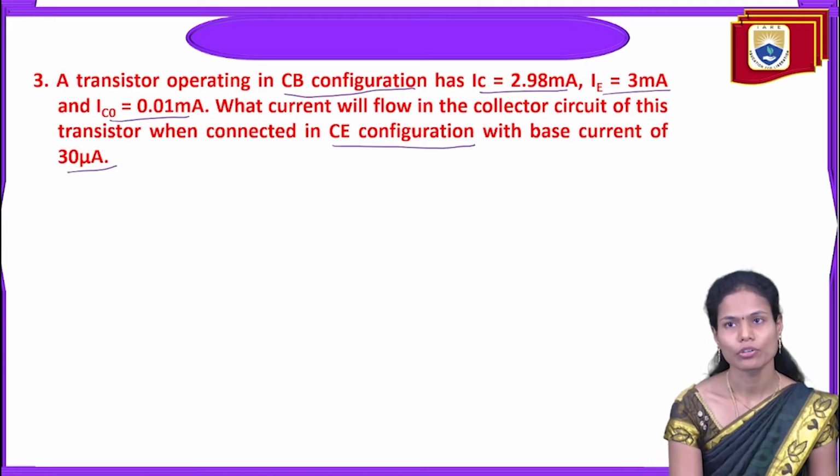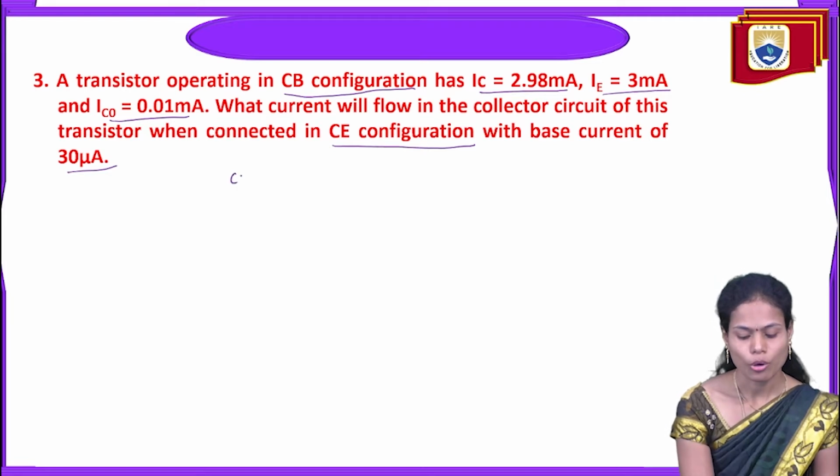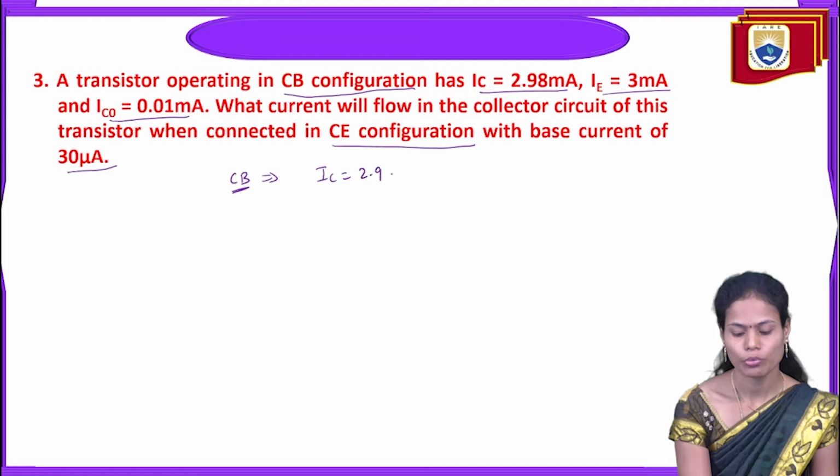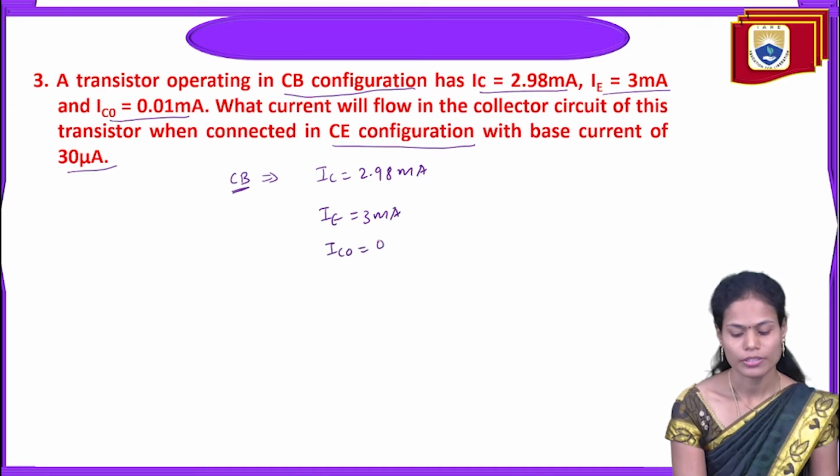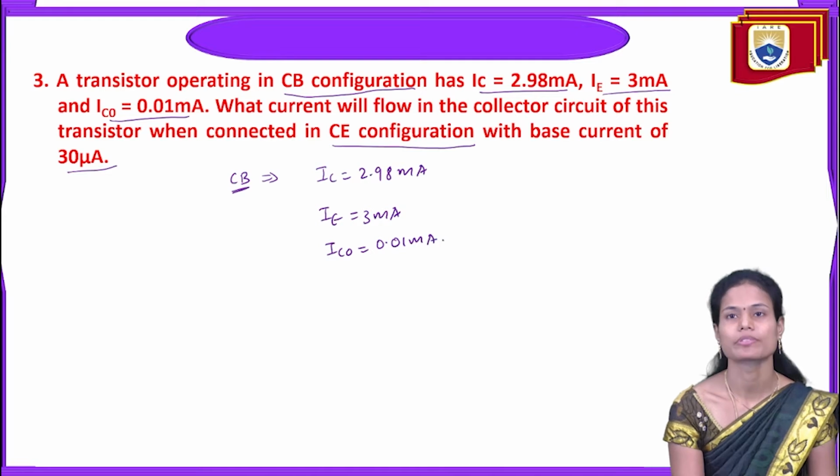In this particular problem, they gave the common base parameters: IC equal to 2.98 milliamps, the emitter current equal to 3 milliamps, and the leakage current equal to 0.01 milliamps.